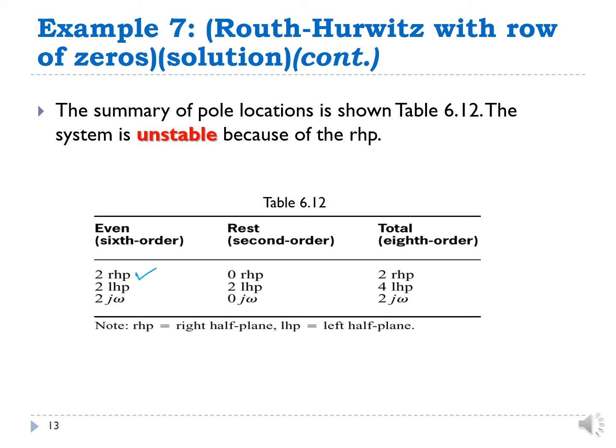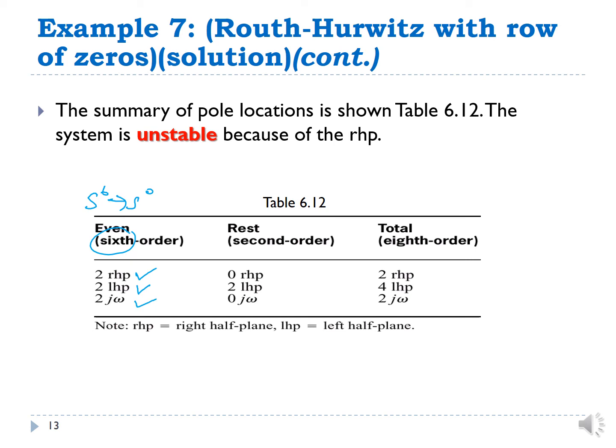Because of the symmetry about the origin, the even polynomial must have an equal number of left half plane poles. Therefore, the even polynomial has two left half plane poles. Since the even polynomial is of 6th order, the remaining two poles must be on the imaginary axis.